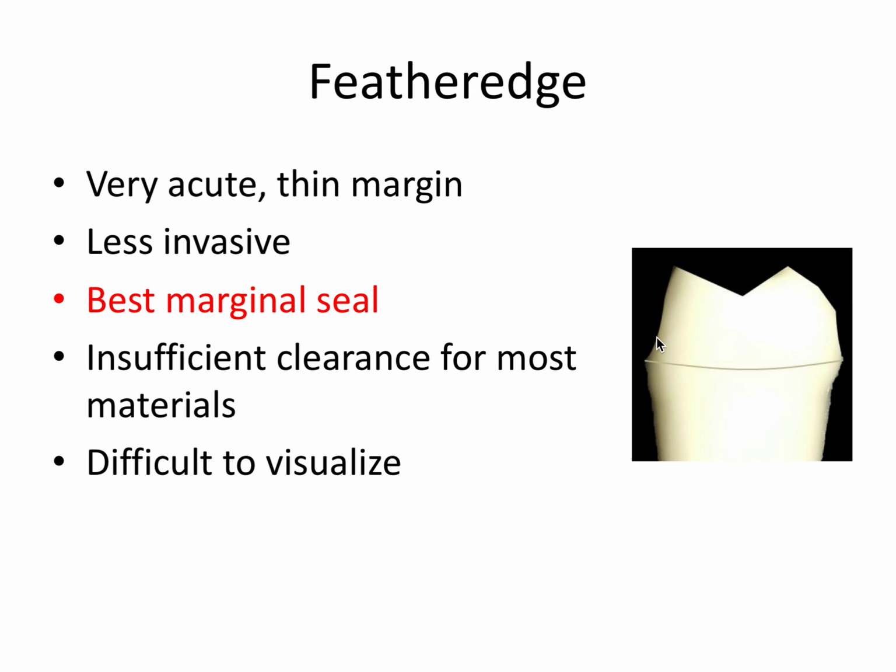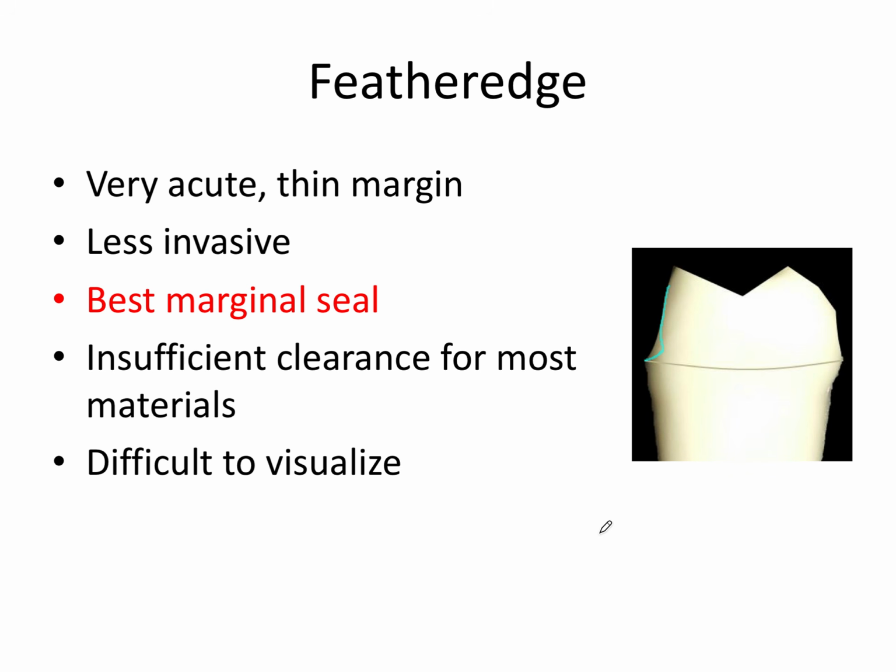Now notice how the axial wall gradually tapers out. It's a nice, probably 10-degree taper or so. Now let's just say for fun, it went in like this and then kind of came out here. And this little area where it dips in would be called an undercut, which is a very, very bad thing because the crown won't seat properly and you removed excess tooth structure that you didn't have to.